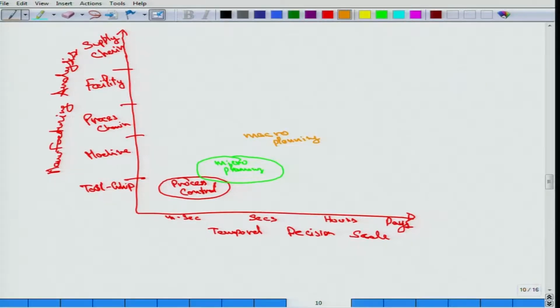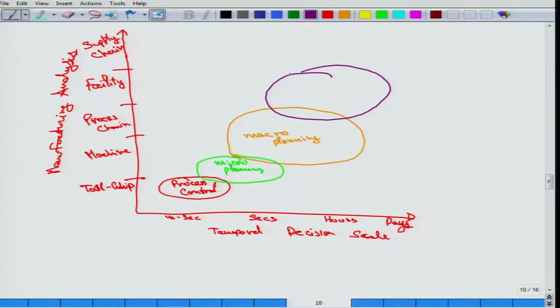Macro planning takes from a few seconds to hours to do. Then facility level planning might take from a few hours to a day, right? I would even put weeks here.